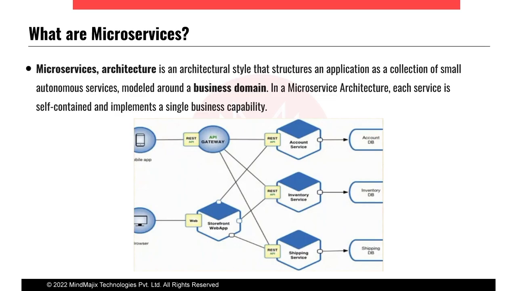If it's a monolithic application, where all three are combined in one application, then if there is a bug in the shipping service, you can't see anything in Flipkart. You can't scroll anything, because everything will crash. So this is the benefit of microservices: if some service goes down, other services don't get hampered.